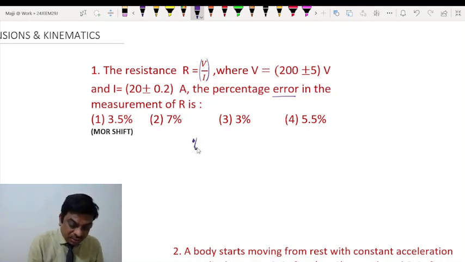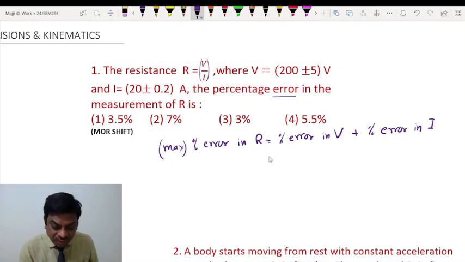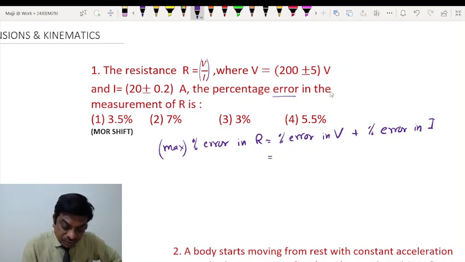In other words, percentage error in R will be equal to percentage error in V plus percentage error in I. We usually take the maximum percentage error. So that's why we have to add all the quantities which are occurring in the form of product or quotient.